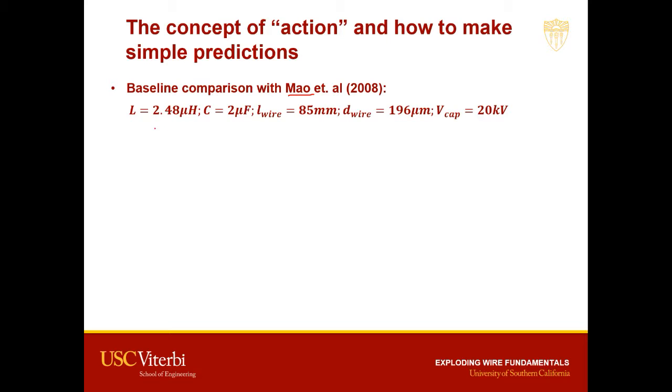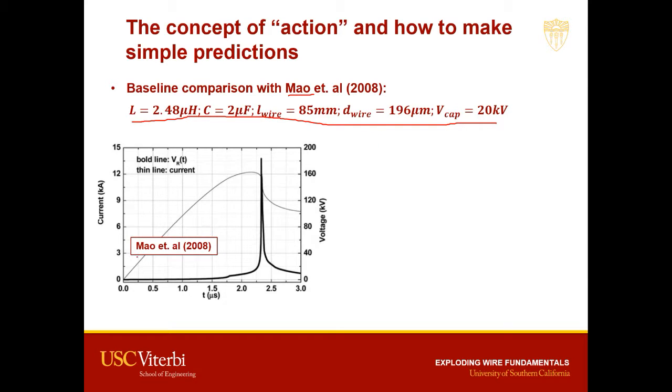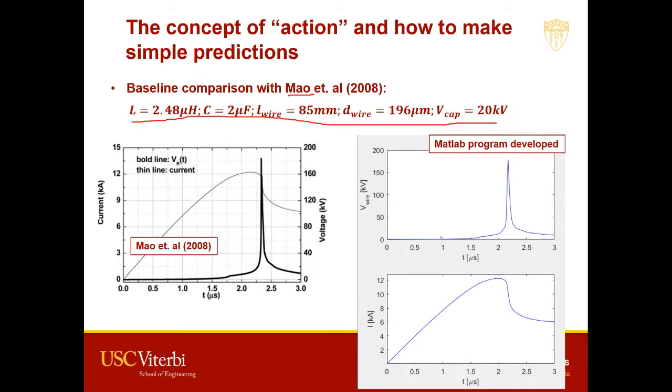He gave in his article all of the values that we need in order to perform our own predictions. These are the prediction lines he came up with in his simulation based on Tucker's data. I wrote a small specific MATLAB code to perform the same predictions, and these are the curves that I obtained. You can see that they match the curves from Mao very closely.